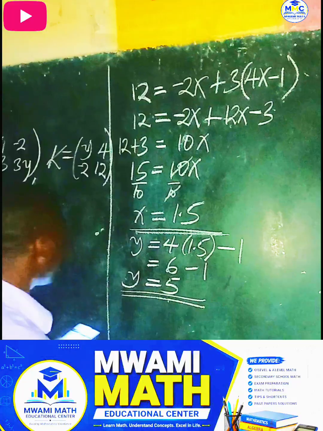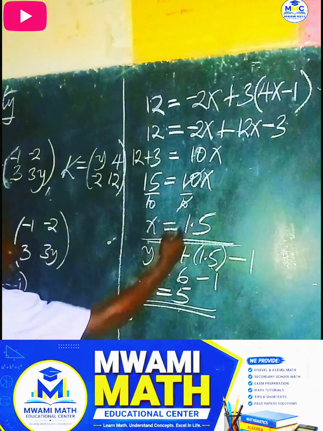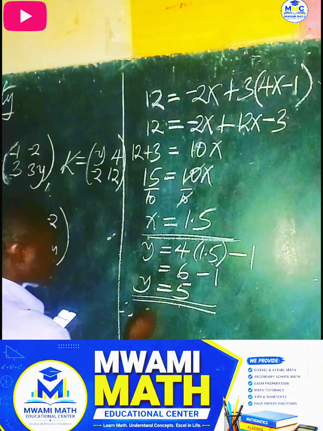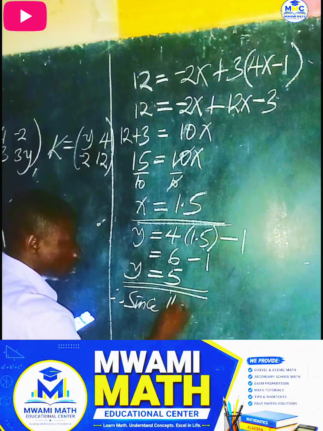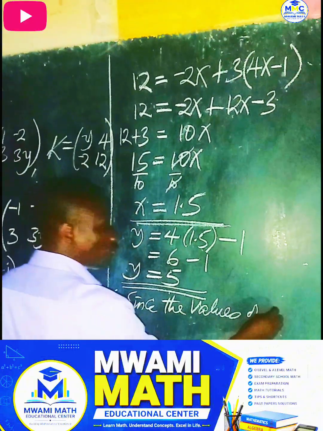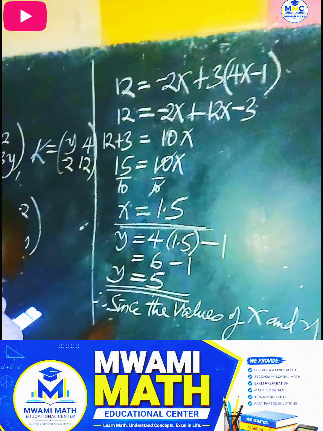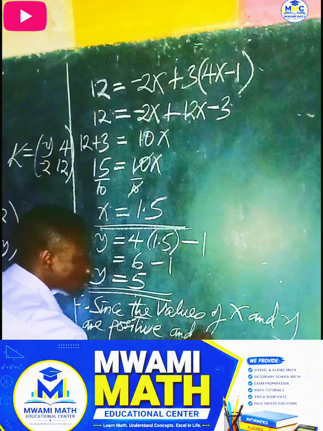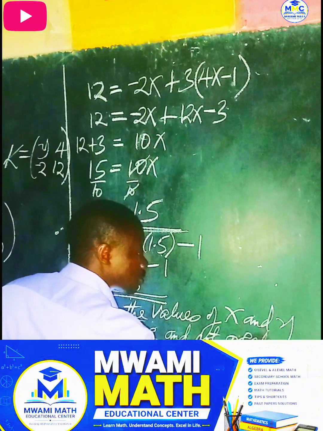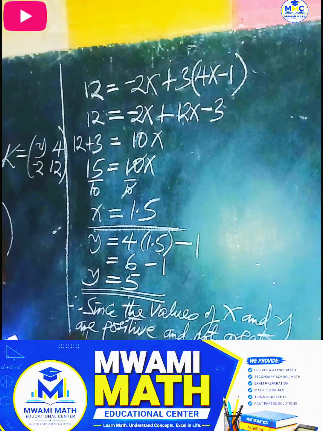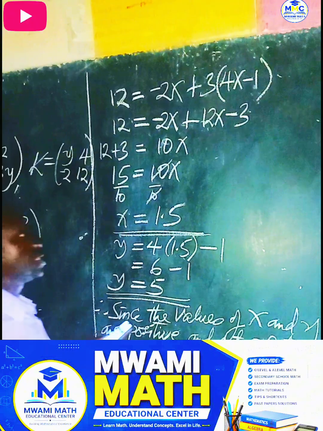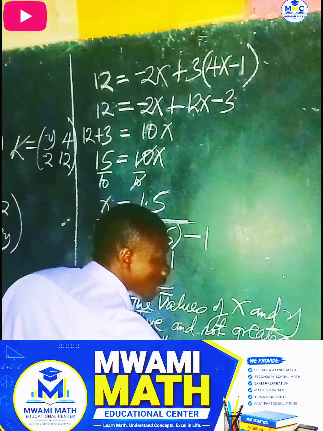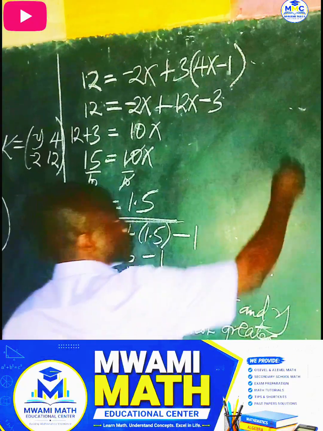So now we can conclude and say, therefore, since the values of x and y are positive and not greater than 6, yes, the equipment will be accepted.